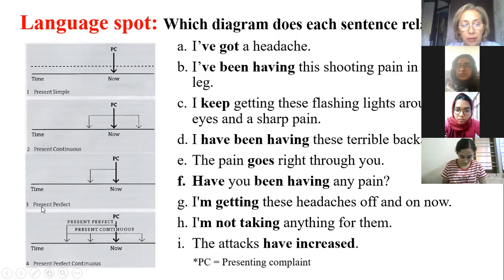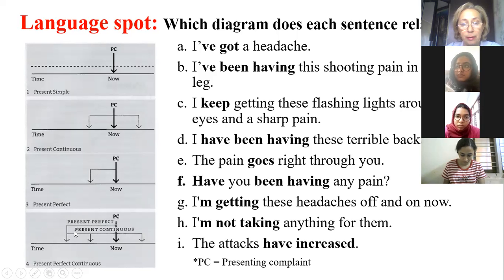So diagram 3, this is present perfect, which started in the past and has finished till now, or maybe has the result in present. And the fourth diagram shows the action in the present perfect continuous tense, where it's similar to the present perfect, but it also emphasizes the progress.